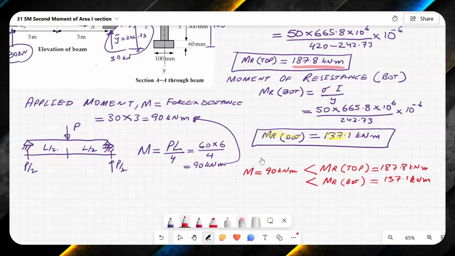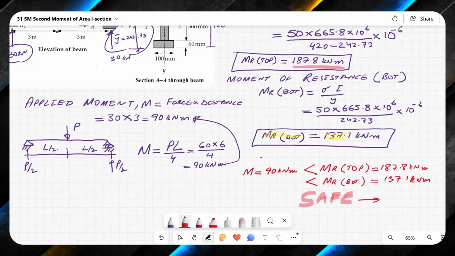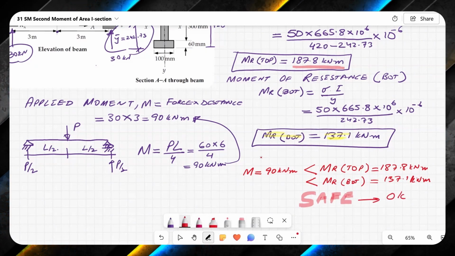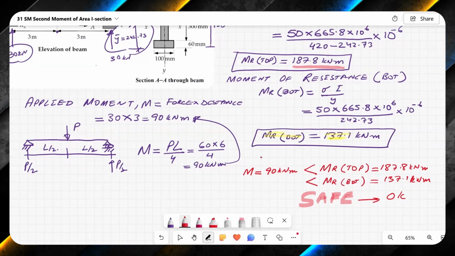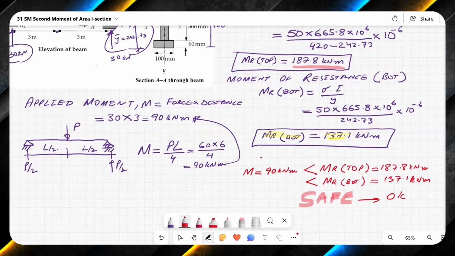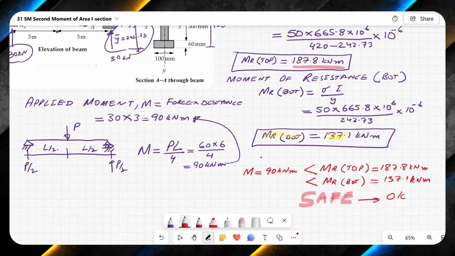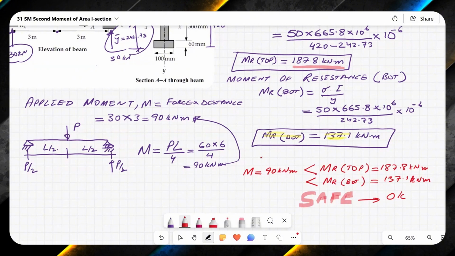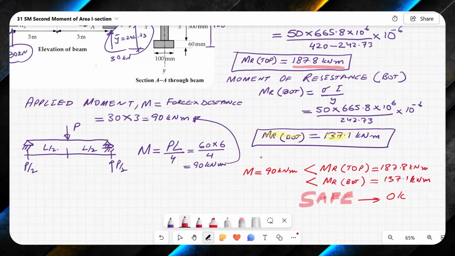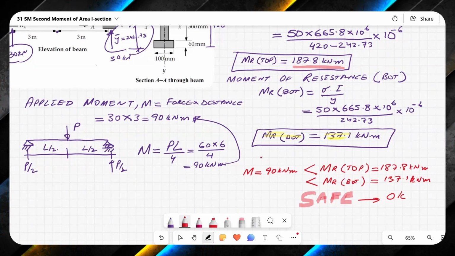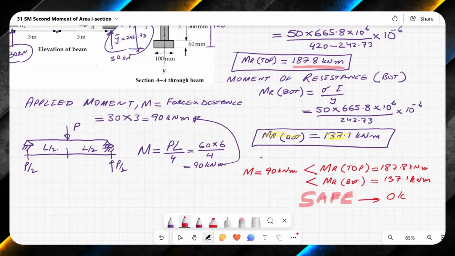In this situation, I can say that this beam is safe. This beam is okay. So whenever the applied forces are less than the capacity or resistance, we say that it is a safe beam. In design at a very basic level, at least we do this thing that we compare applied versus the resistance. So here in this case, applied is less than resistance, which means that the beam is safe.